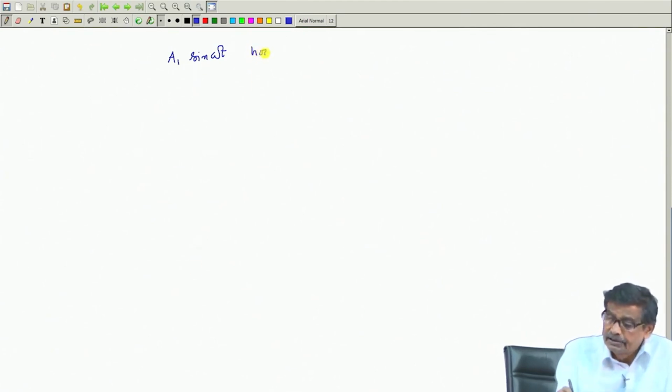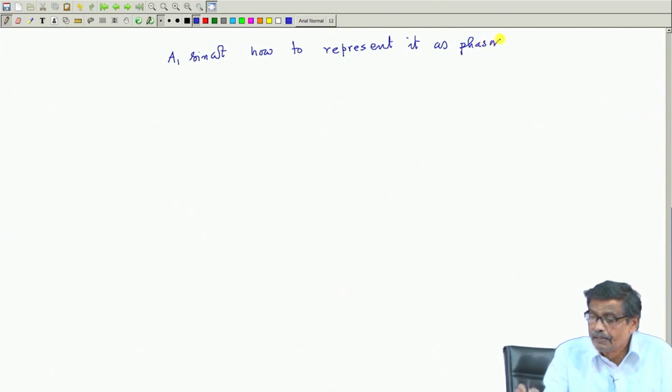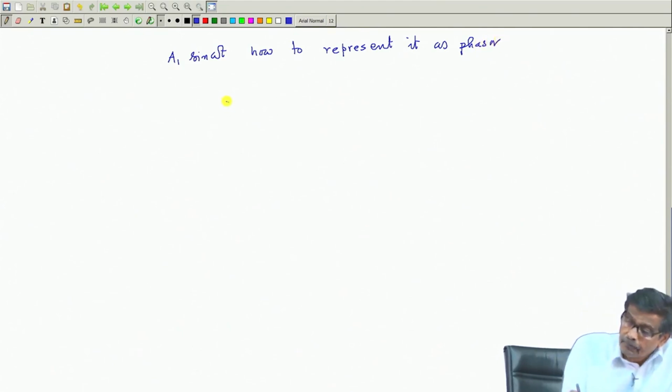How to represent it as phasors? How to represent it? Represent it as phasor. The idea is very simple. What do you do?